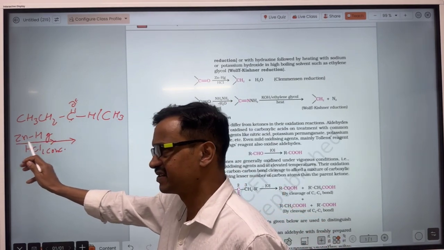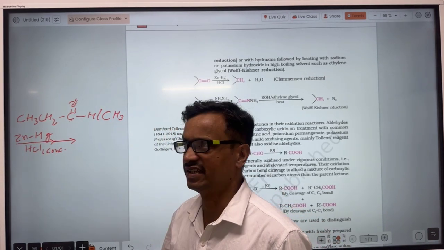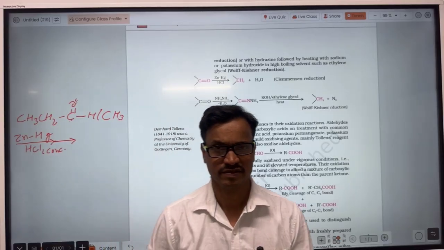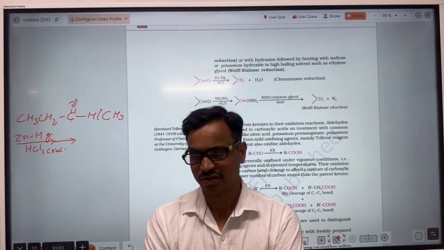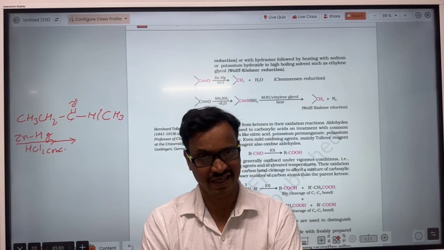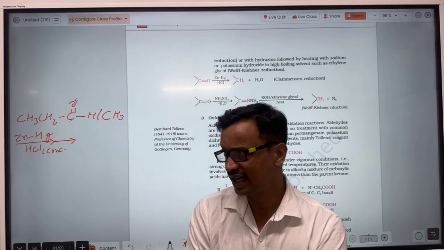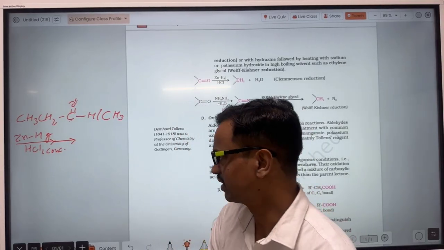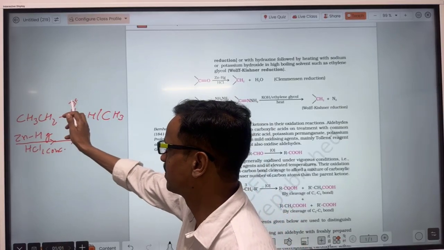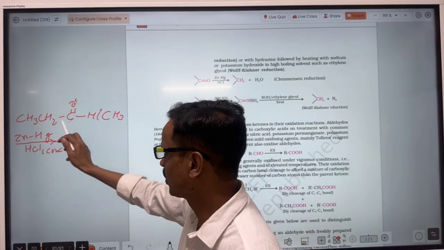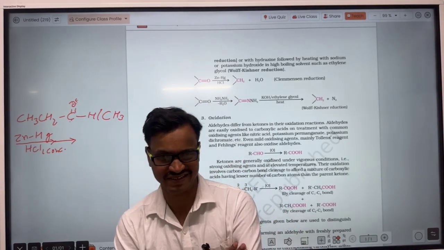When the amalgamated zinc mixes with conc HCl, the zinc first reacts with conc HCl and nascent hydrogen is provided. Of that nascent hydrogen, one will bond to the oxygen and one to the carbon.